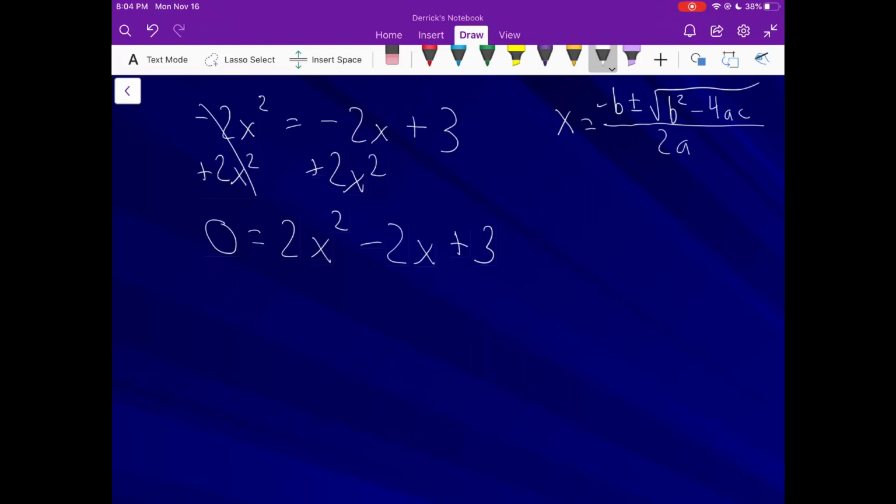For me, I have this equal to 0, so it'd be time to establish my a, b, and c values. I have an a value of positive 2, a b value of -2, and a c value of +3.